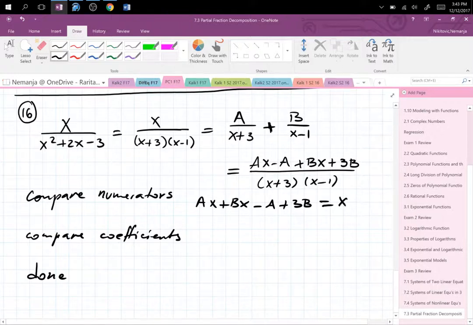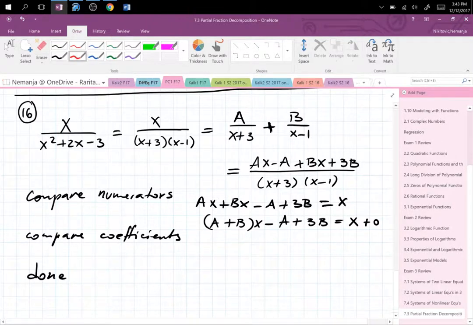So that's compare numerators. And then I'm going to factor x on the first one. So I have a plus b times x minus a plus 3b equals x plus 0, because I can.